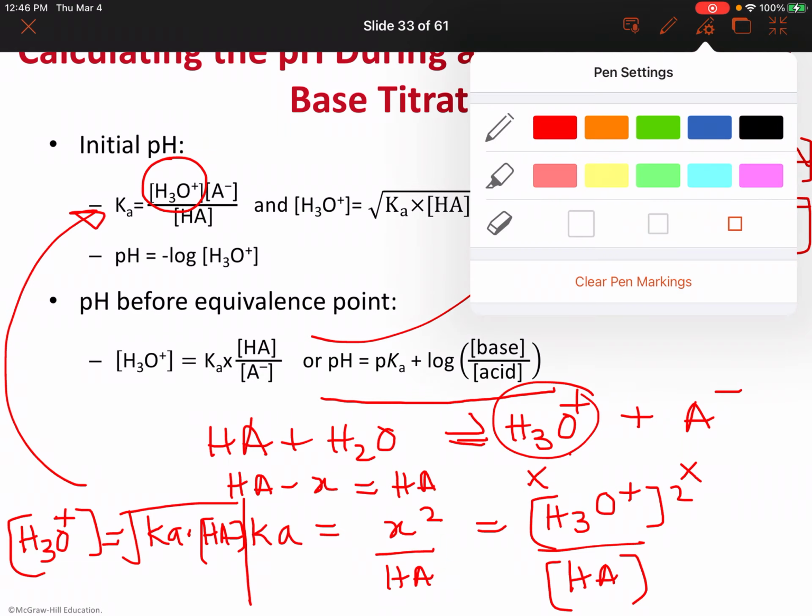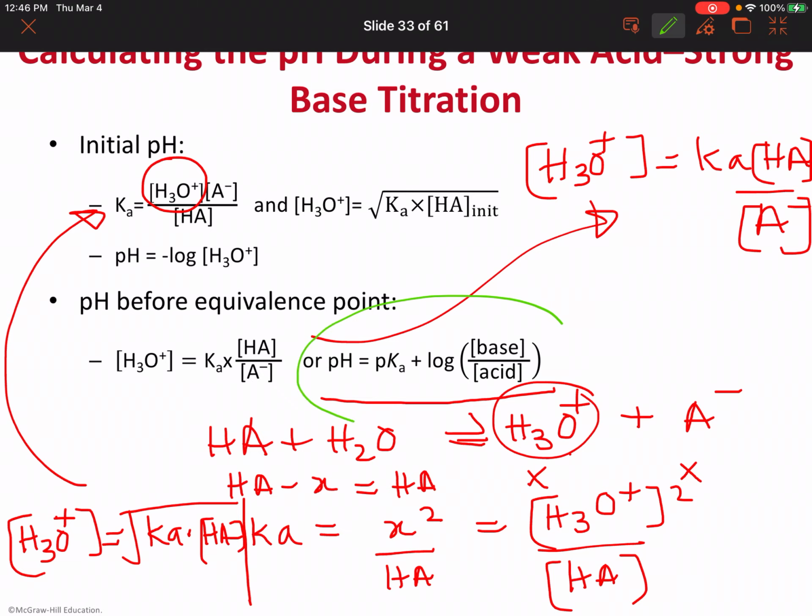So pretty much if you know the concentration of the base, the concentration of the acid, and the pKa of the weak acid, you can find the pH before the equivalence point by using this Henderson-Hasselbalch equation. Okay.